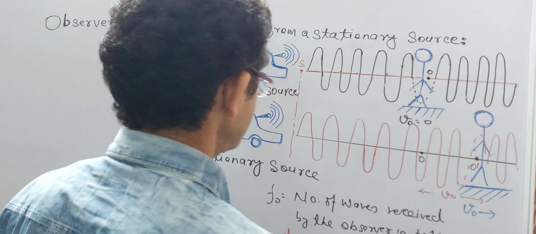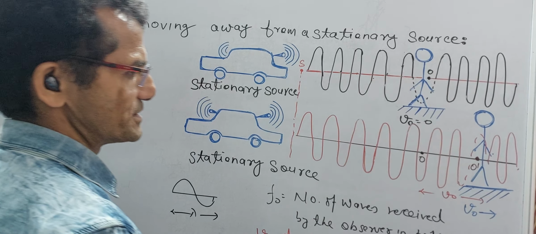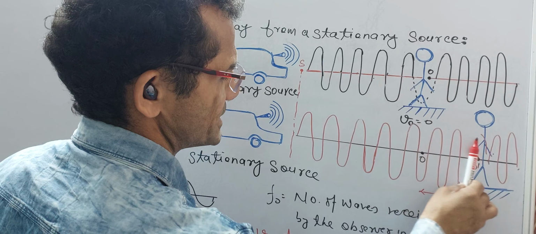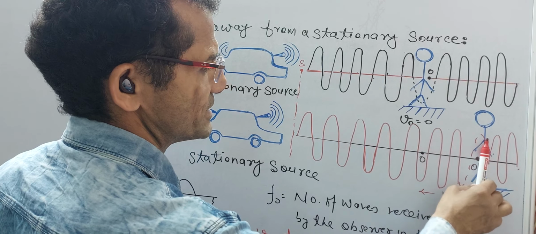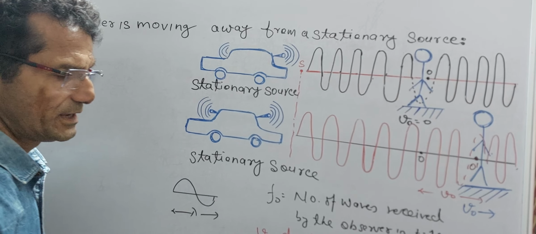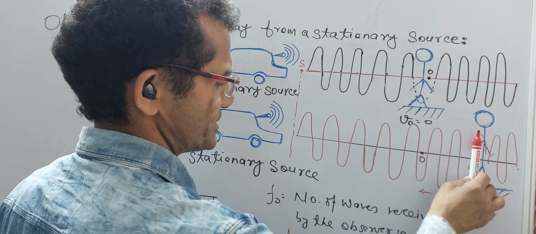So how much is the apparent frequency now? First we have to calculate the number of waves in this region. We know that this is the distance which the observer moves in 1 second.